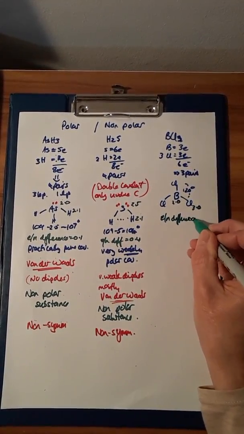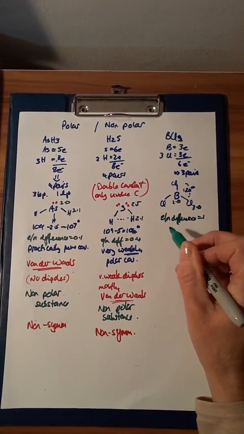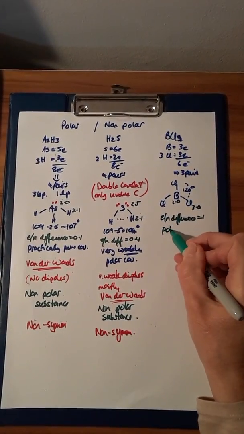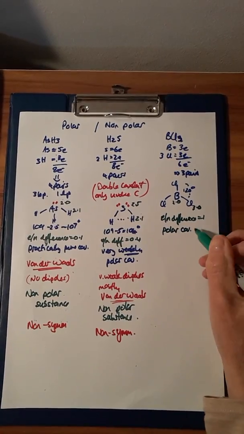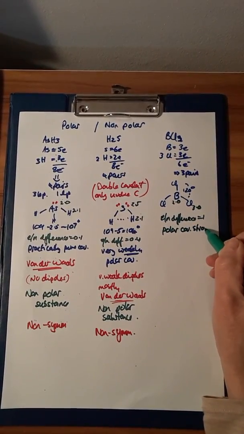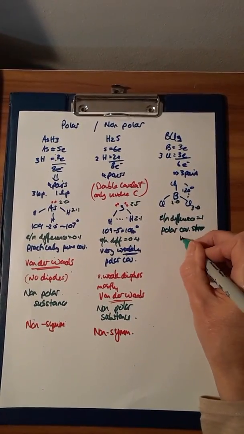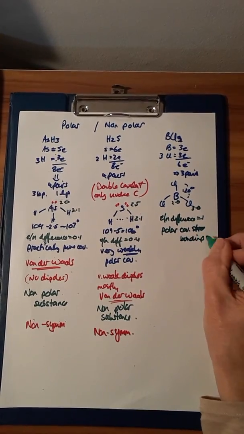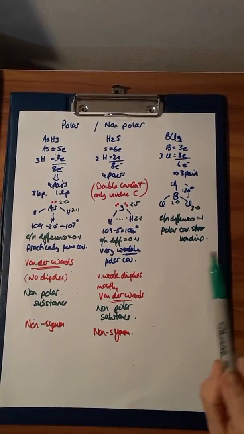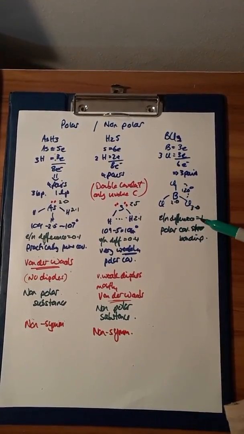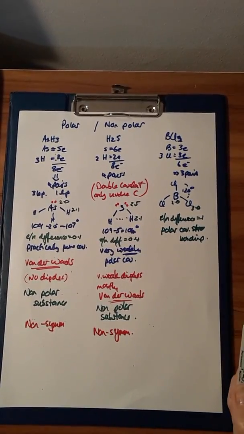So a difference of 1 means polar covalent bonding, without a doubt. It's not weak, it's absolutely, without a doubt, polar covalent bonding.